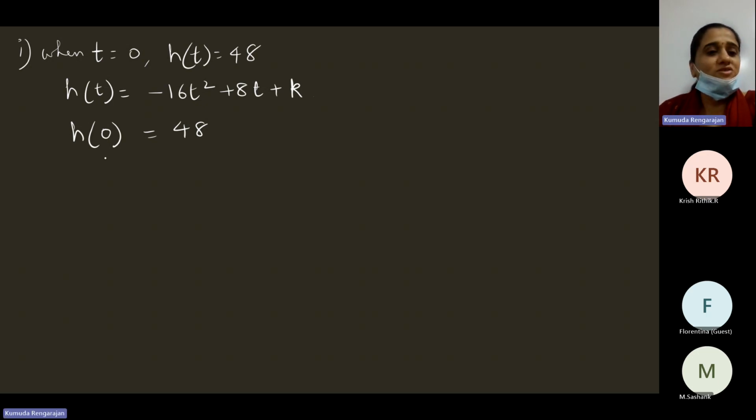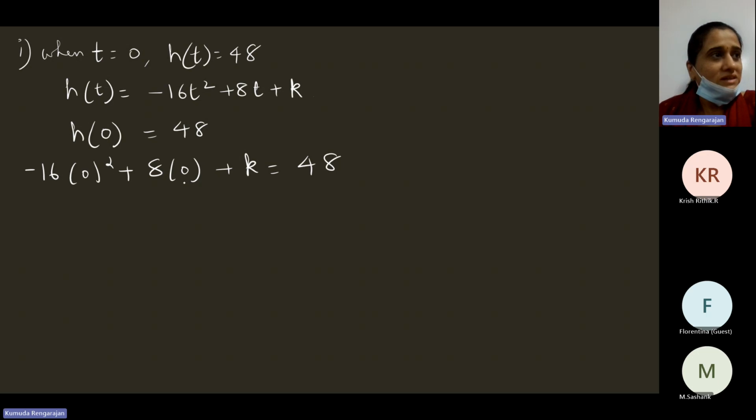Now how do you work out h of t? In the polynomial, wherever we have t, we use 0. So minus 16 into 0 square plus 8 into 0 plus k is equal to 48. This is how we work out h of 0. See, don't get confused with this h. That's the way we name a polynomial.